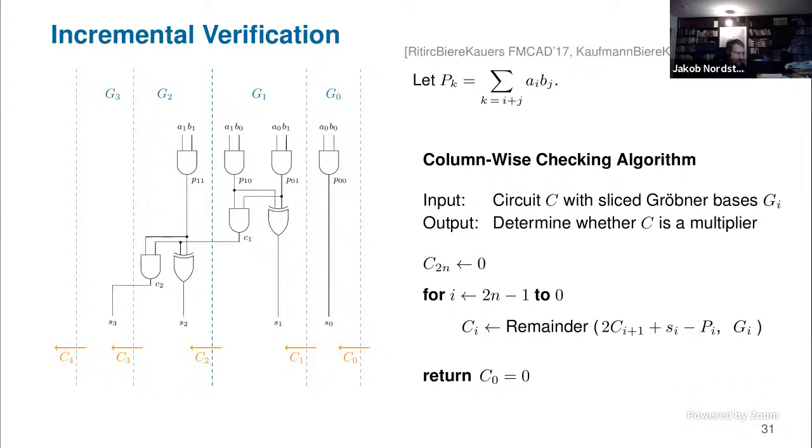Okay, one very, very final question from Paul Beame. What about Wallace tree? Is that the same size as the circuit? So in terms of performance for the specification, I guess, yes. Yes, so also for Wallace trees, we did not see, also there I think we have this quadratic size.